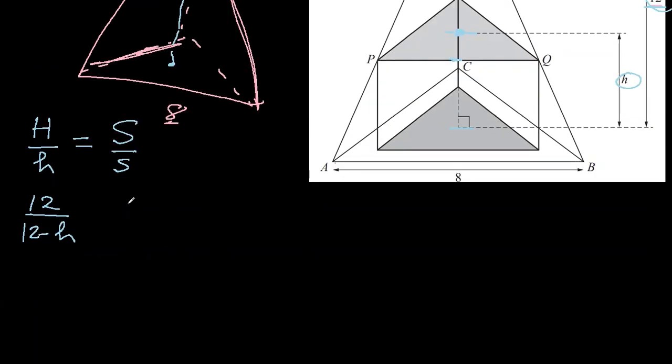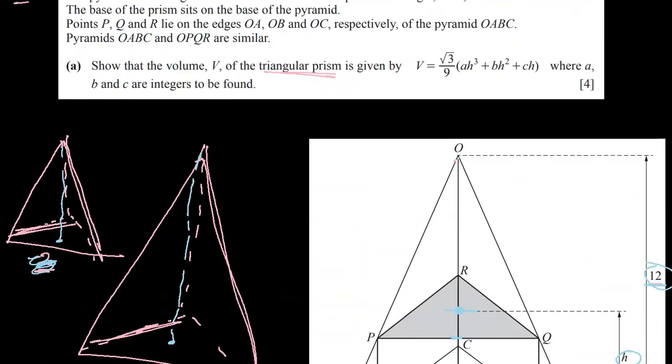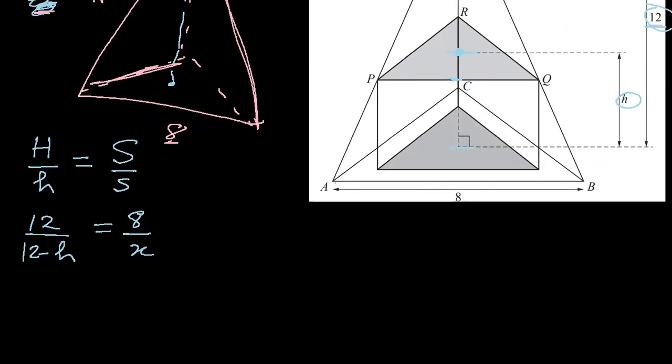Same ratio will be of the side. Side of the bigger pyramid is 8. And let's call PQ the side of the smaller pyramid. By chance, that is also the side of the prism, and that was the purpose. Let's call it X. X is my creation, and I want this X in terms of h, because finally they are asking us to express in terms of h, right?